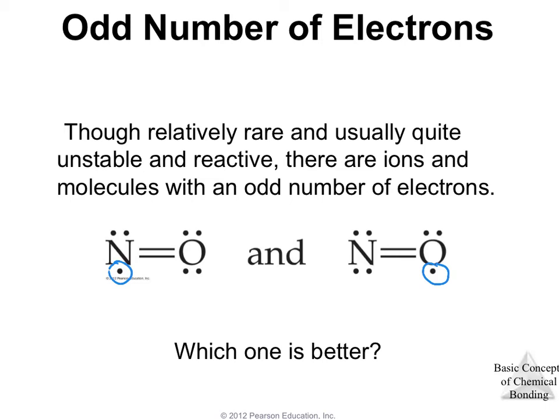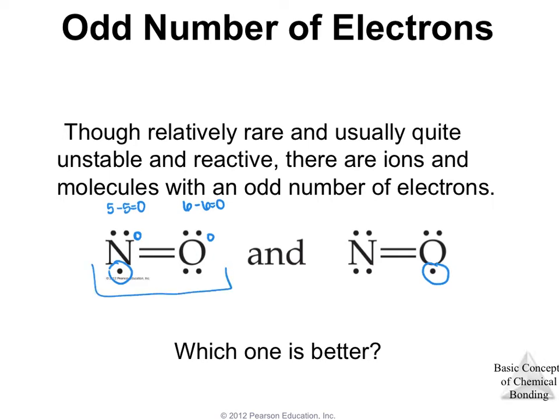So nitrogen brings 5 valence electrons, and there's 1, 2, 3, 4, 5 things around it right now for a formal charge of 0. Oxygen brings 6, and it's got 1, 2, 3, 4, 5, 6 for a formal charge of 0. So that's actually a pretty good structure right here.